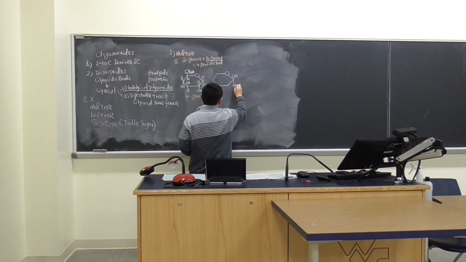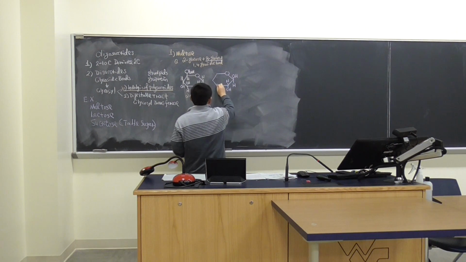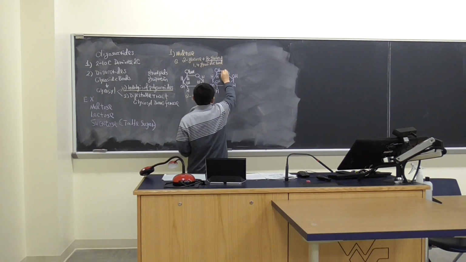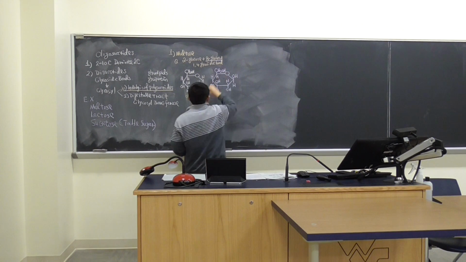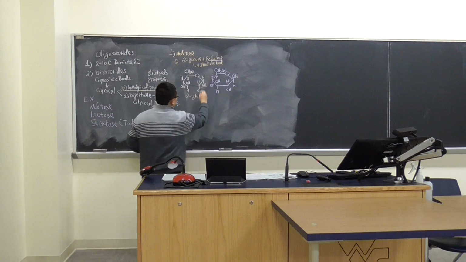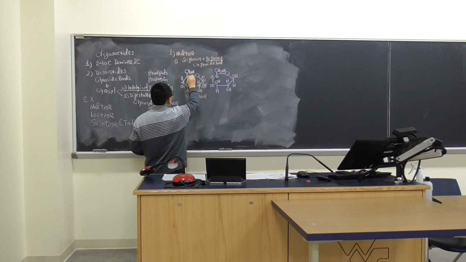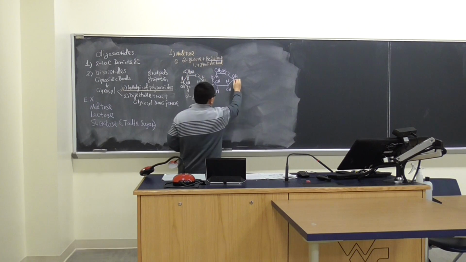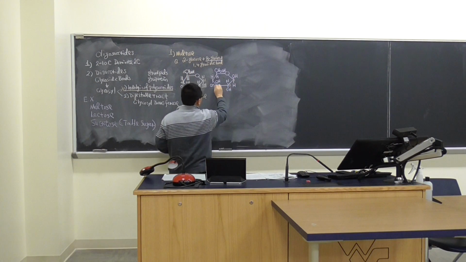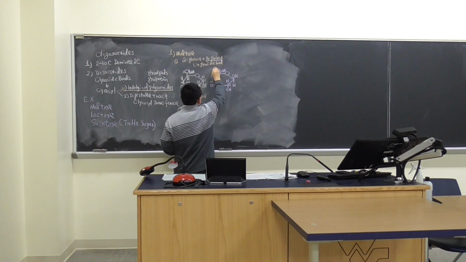Go H up, H, H, OH, here OH, H. Then here we have OH, H, H, CH2OH. By the way, we can label those carbons 1, 2, 3, 4, 5, 6. Same thing, 1, 2, 3, 4, 5, and 6.